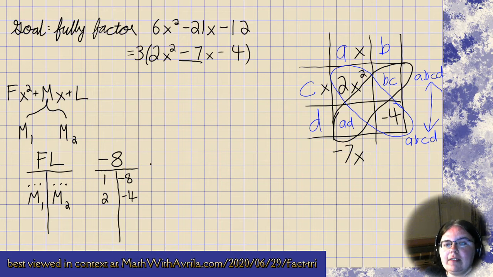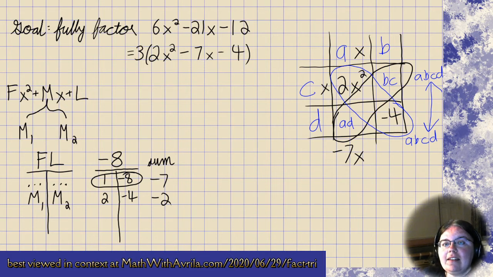So now what sums can I get? Remember, if we imagine that 2 and negative 4 are middle 1 and middle 2, when we combine them to get that actual middle coefficient, we would get negative 2. Well, that's not what we had in mind, but 1 and negative 8 would give us negative 7. So that tells me middle coefficients 1 and 2 are actually going to be the numbers 1 and negative 8.